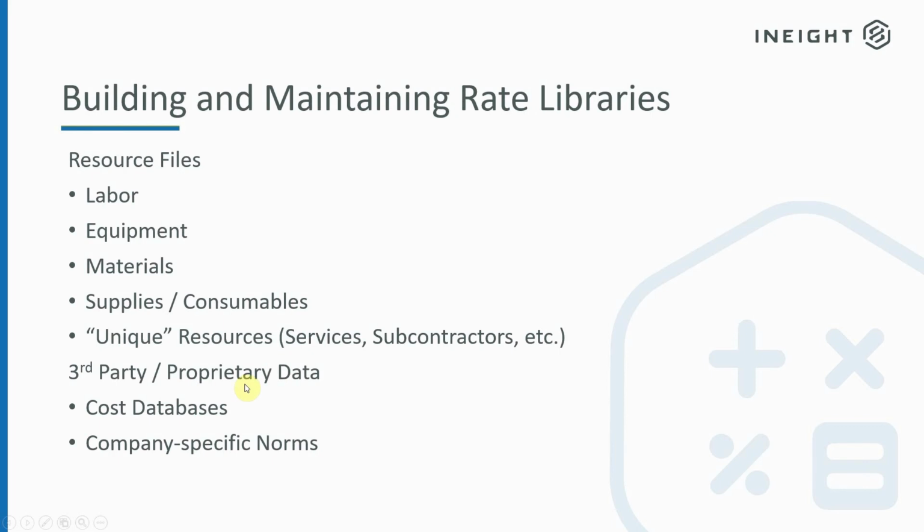We've got many customers that have been in business for many years, and they've built libraries or archives of different work activities with productivity rates, etc. And we typically refer to those as norms. What is the norm for removing the inlet on a particular size valve?